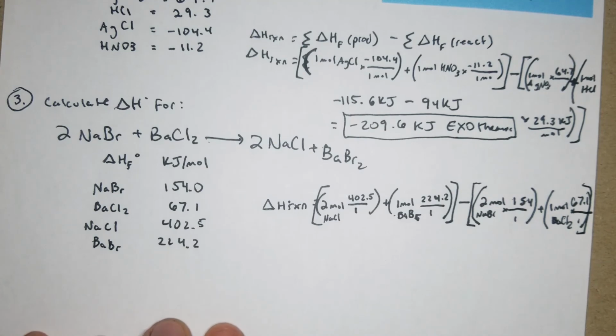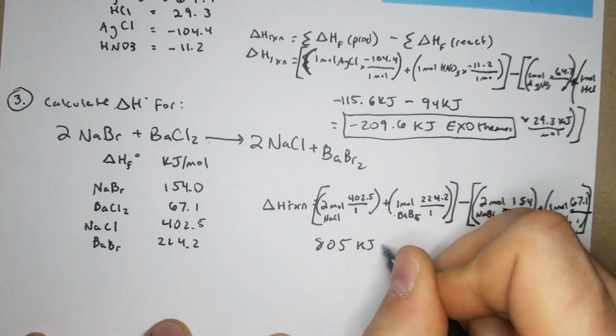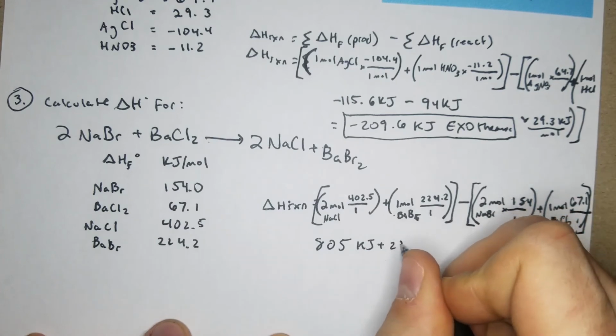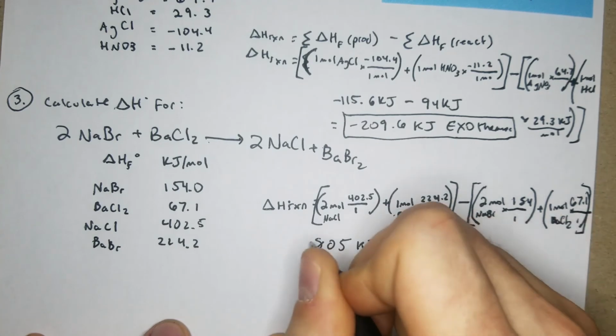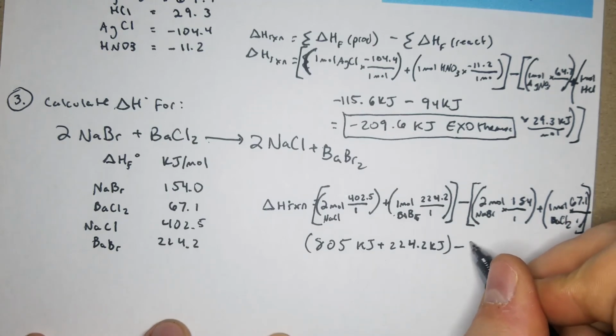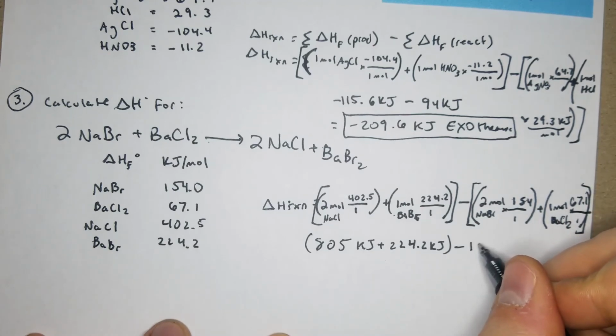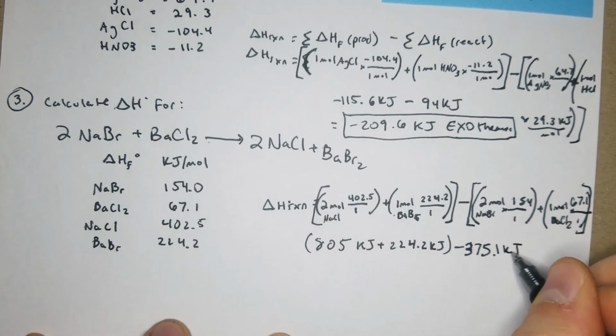And now we'll just do out the math. So 2 times 405. Minus, and then we just have the 2 times 154. We have 375.1 kilojoules.